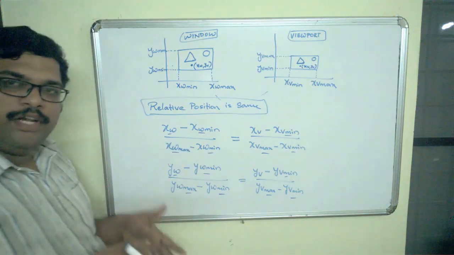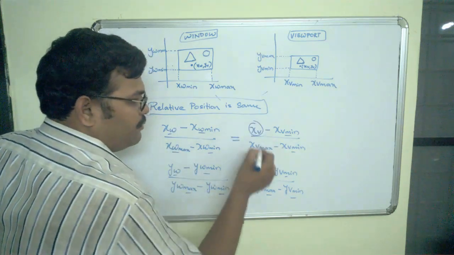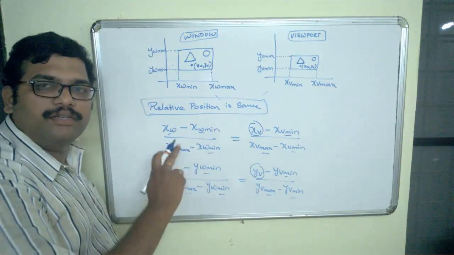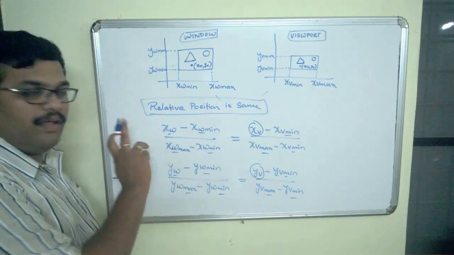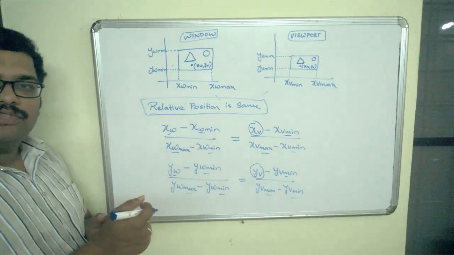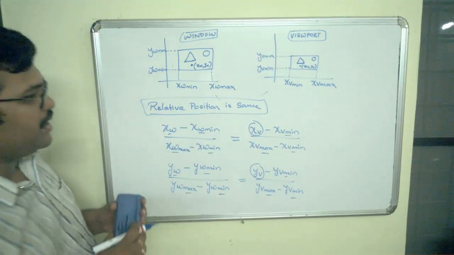So the only point we need to find is the viewport coordinates, that is xv, we don't know xv. So we have to find the coordinates of the viewport for the given xw and yw. So derive the formula so that xv is equal to so and so expression. Let us have that expression.